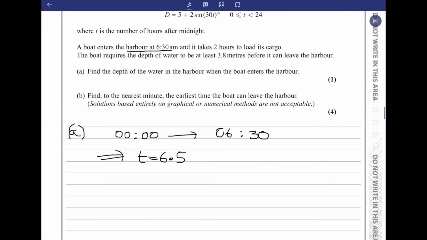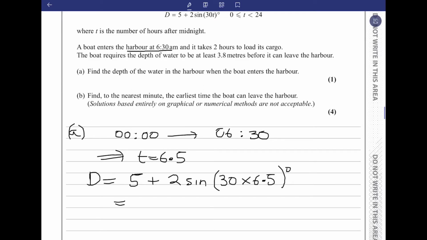And don't forget you've got a calculator to do this as well, so you're not expected to work things out like sine of 30 times 6.5. So D equals 5 plus 2 sine of 30 times 6.5. And this is going to be in degrees. So let's do that on the calculator.